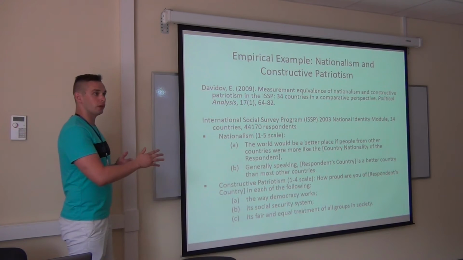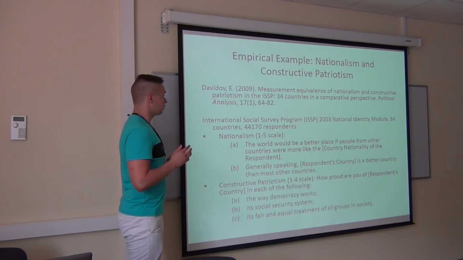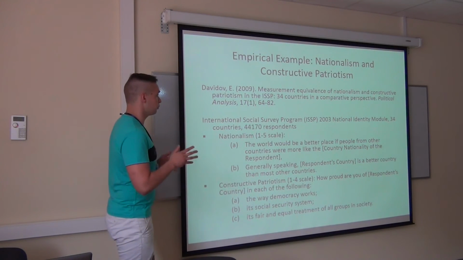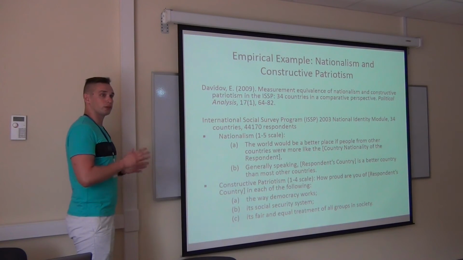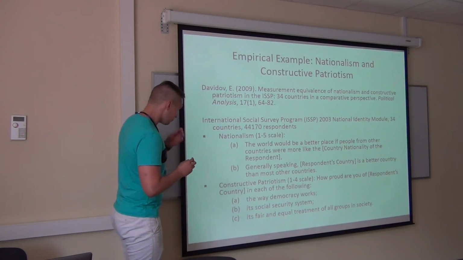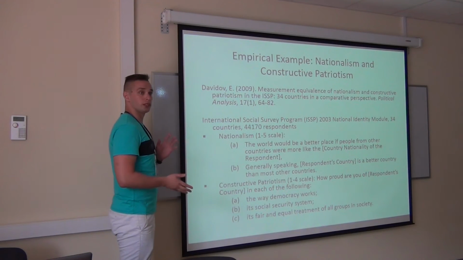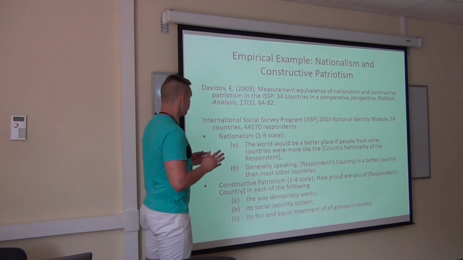Sometimes the topics are repeated after some time span. And in 2003, the main topic of the surveys conducted under the auspices of ISSP was national identity. 43 countries were covered. The sample size is more than 40,000.